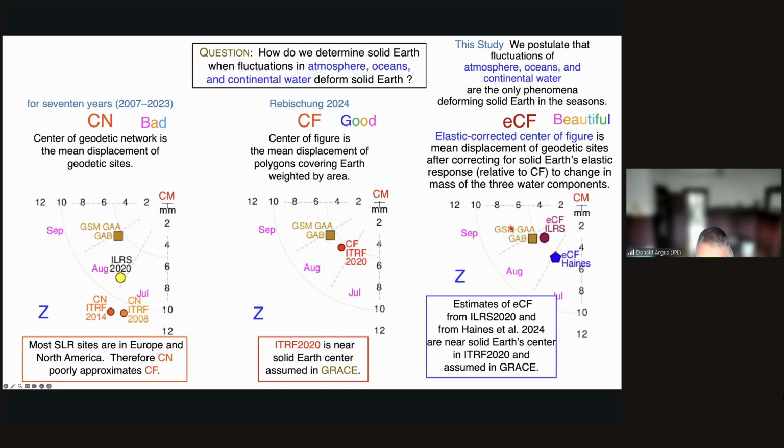We then calculate the mean displacement as before. ECF is by definition equal to CF, and we find ECF from the same SLR data set to be nearly equal to that from GRACE.